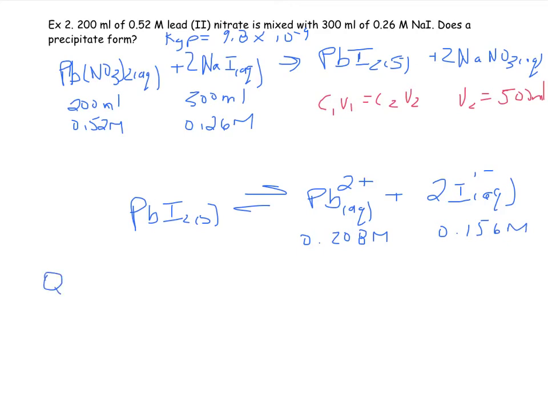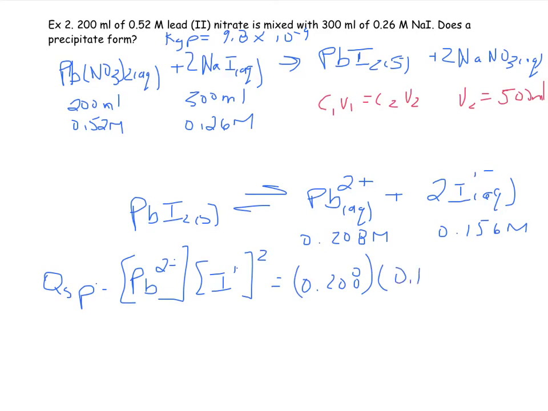Then sub this into a QSP expression. Since my Q is bigger than the accepted K value for PbI2, then a precipitate will form.